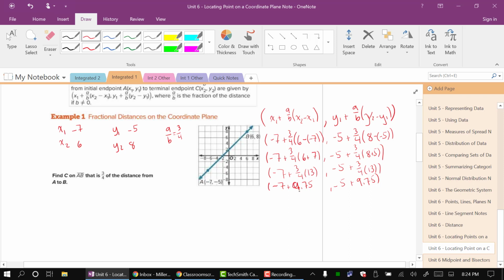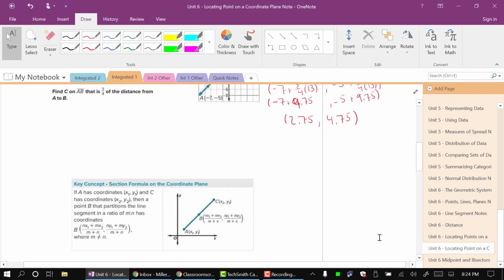All right. So add those together. That gives me 2.75. And then for my other one, that's going to give me 4.75. So there is where the new point is. Point C is at 2.75 and 4.75.